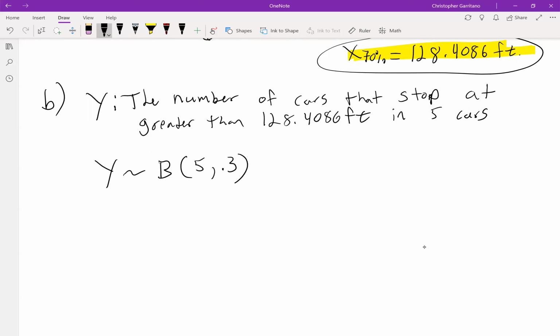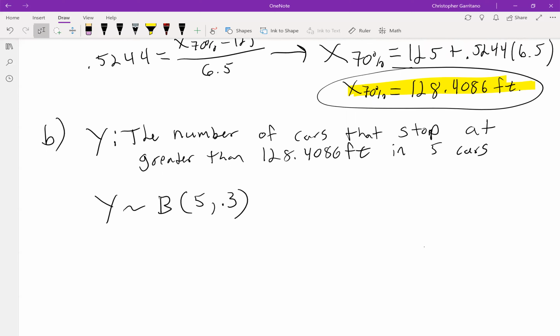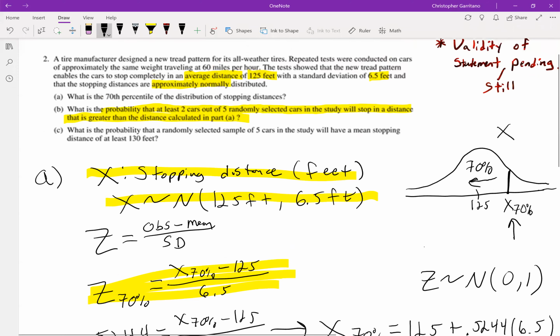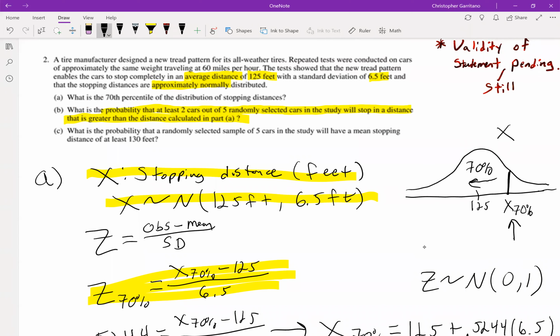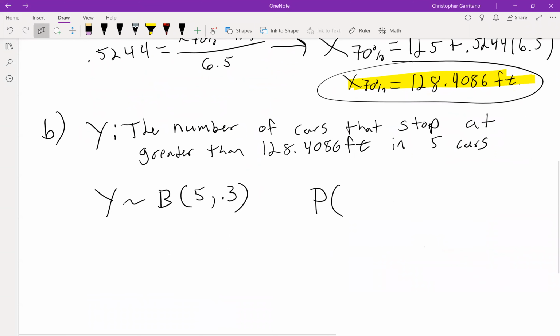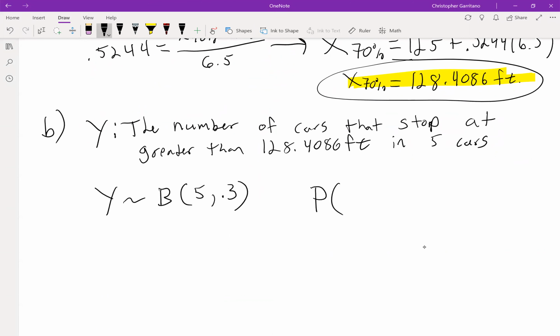Boom. And there you have it. This is the distribution that we're working with, and we're simply looking for the probability. Okay, here we go. P notation, completely required. We're looking for the probability that at least 2 cars out of the 5 stop at a distance greater than 128.4086 feet. So in other words, we're looking for the probability that Y is greater than or equal to 2.